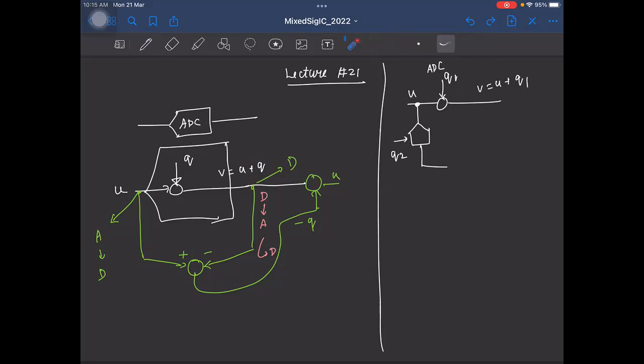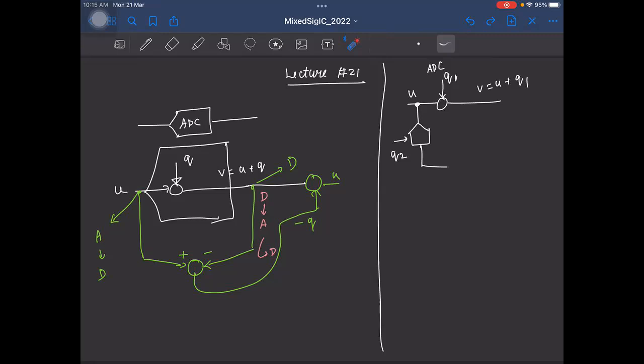That's what we are trying to cancel, Q. That's the whole idea, isn't it? The digital output is the analog signal plus an error added. I'm trying to cancel this error completely. That way the ADC's resolution will be improved, if there is no error. That's the overall principle here.